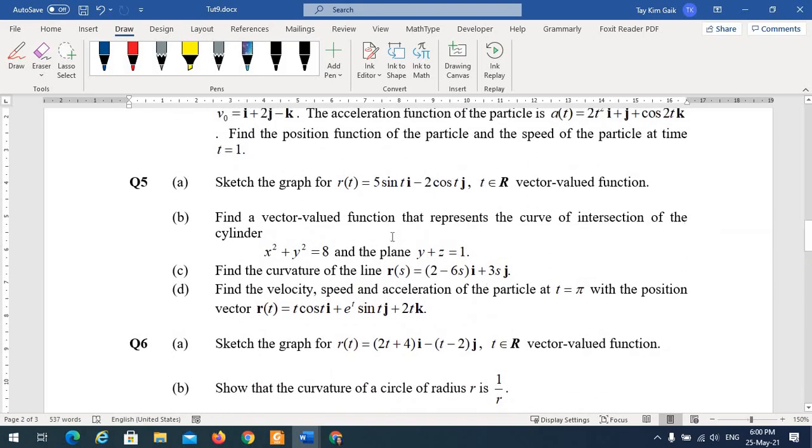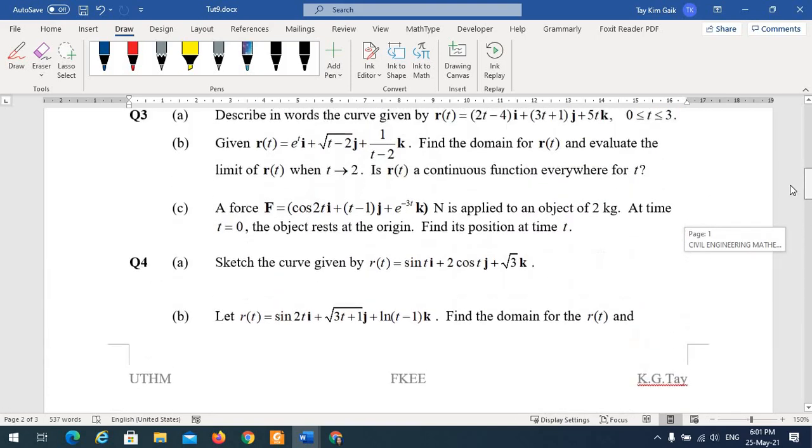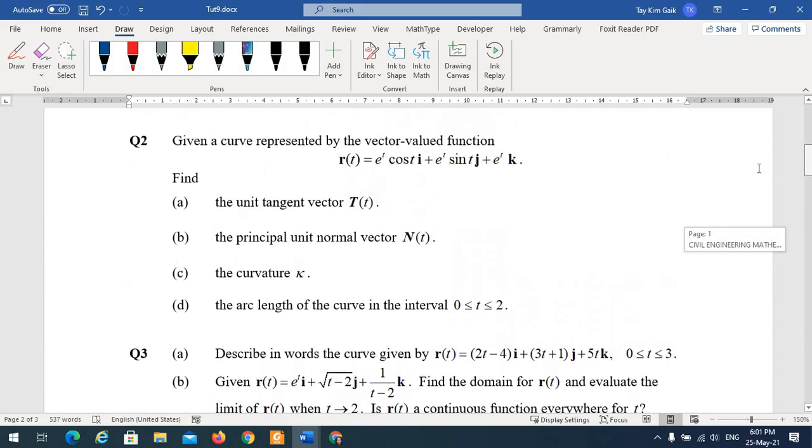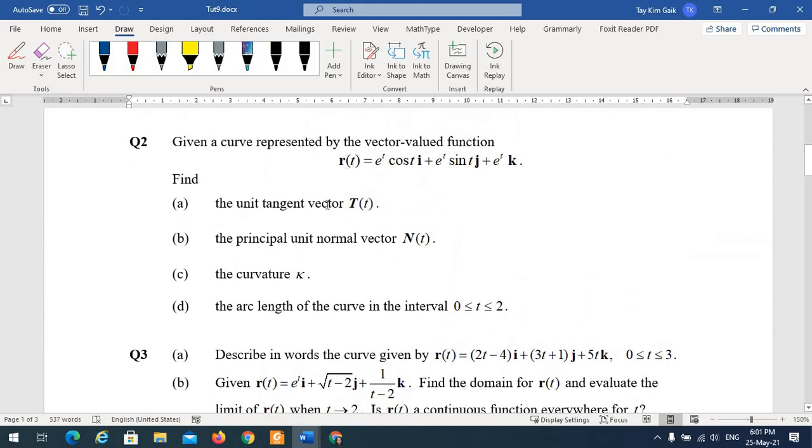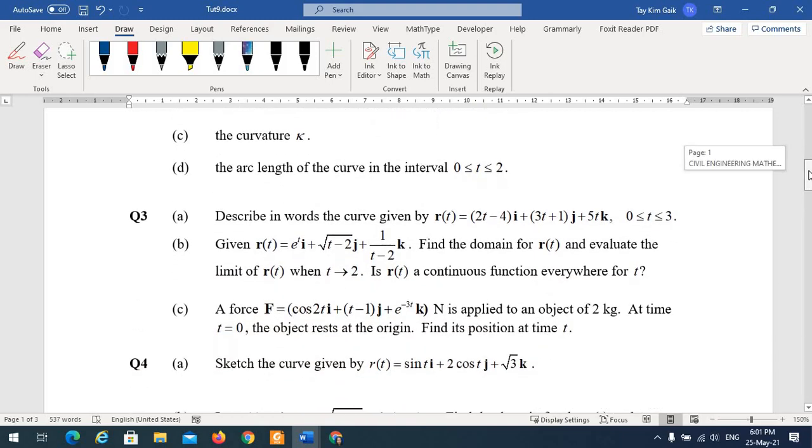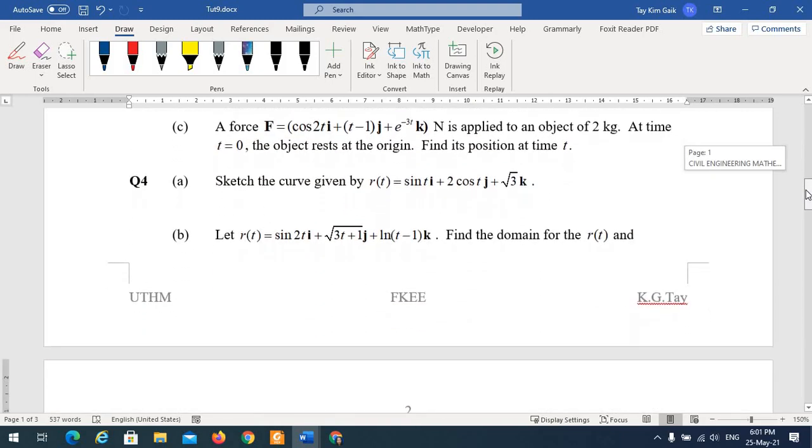Behind is actually all speed, velocity, acceleration. If you want to practice unit tangent vector, unit normal vector, you can try questions 1, 2, but leave the questions on curvature and arc length until next week. Okay, so do you have any questions?